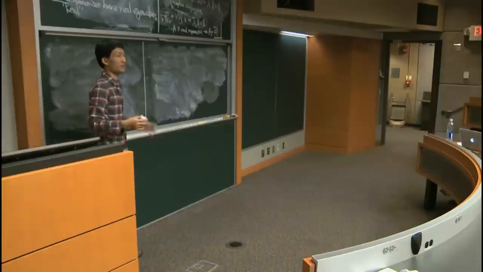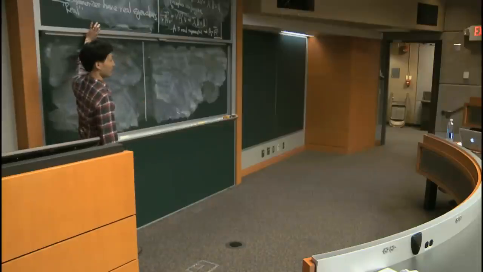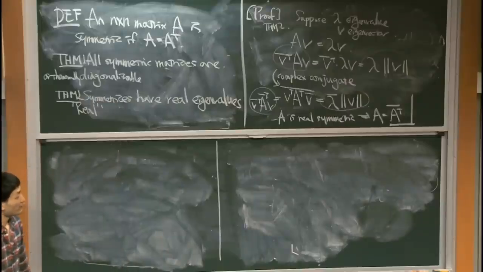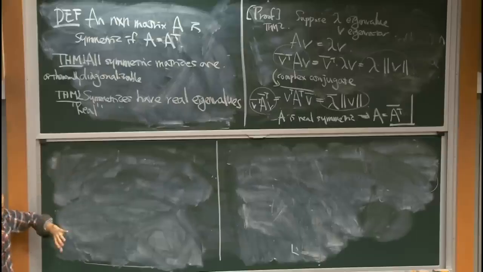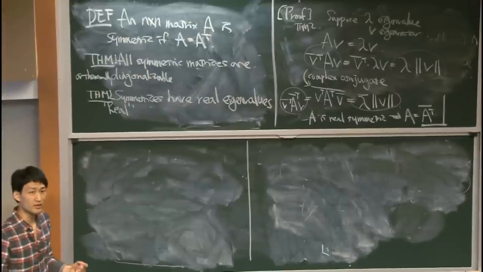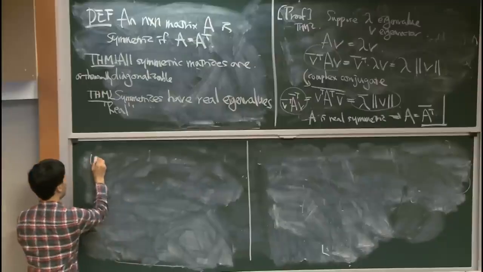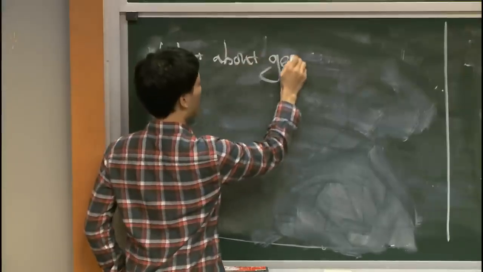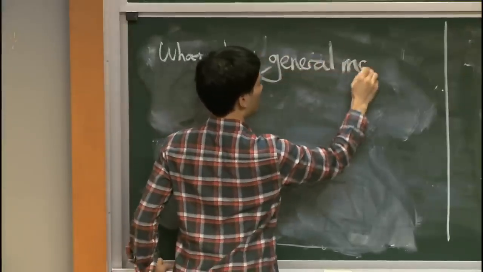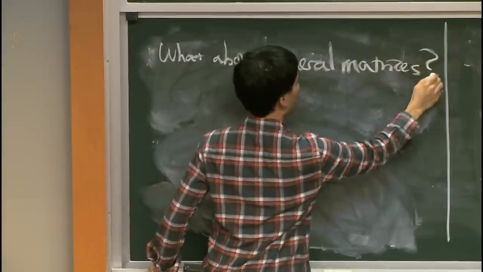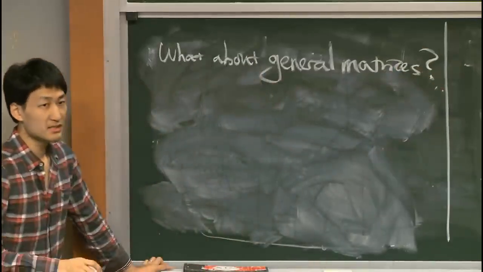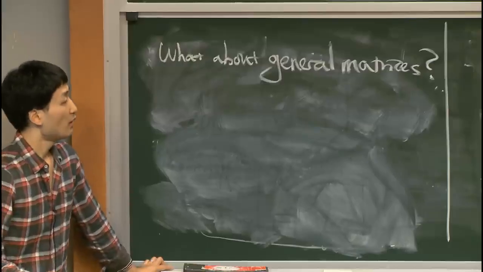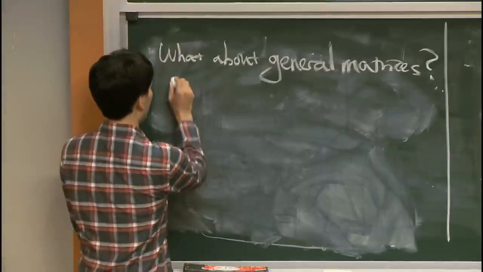That was when everything went well. For a symmetric matrix we can diagonalize it, and it's really easy to understand. But what about general matrices? In general, not all matrices are diagonalizable, first of all.